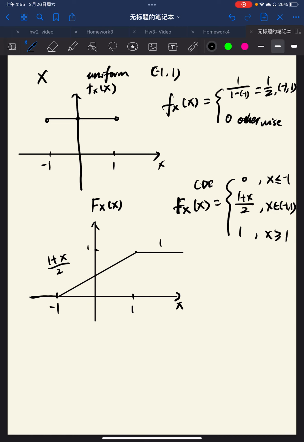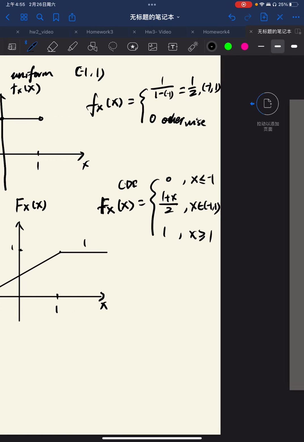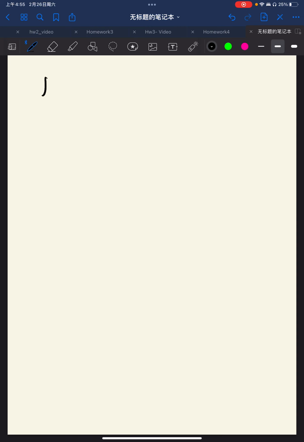We talk about what happened between -1 to 1, and then from the condition we know that small fy is equal to 2 times e to the power of -2 times y, times the unit step of y.